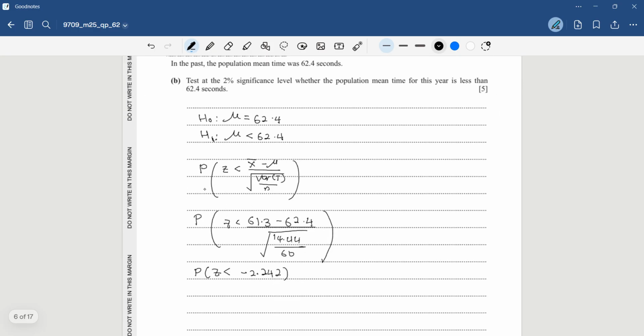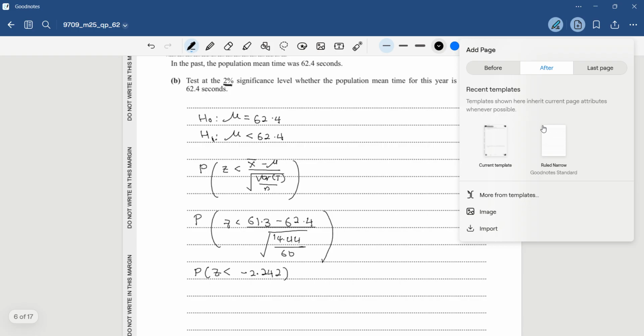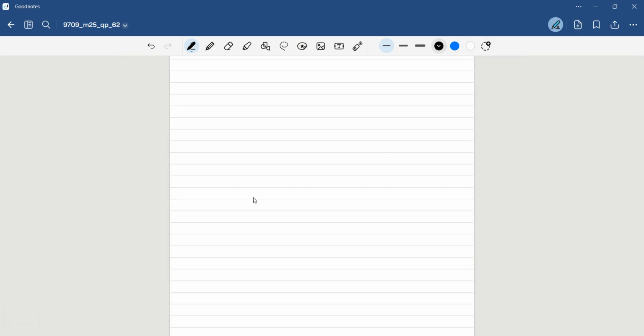You can attempt to find the probability under this area, or you can find the z score for 2%. I think that one is easier for me compared to finding the z score for a probability area.